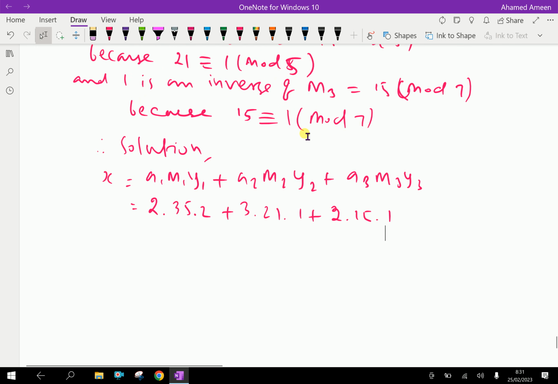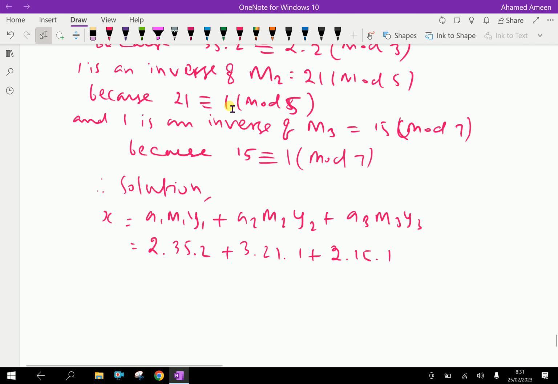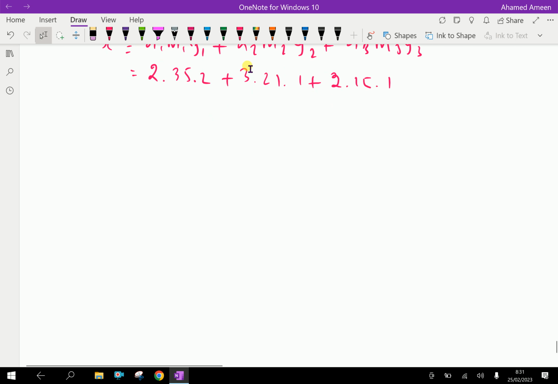All of it is taken from this combination. Simplifying, 2 times 35 times 2 is 140, 3 times 21 is 63, and 2 times 15 is 30. Adding together, we get 233.